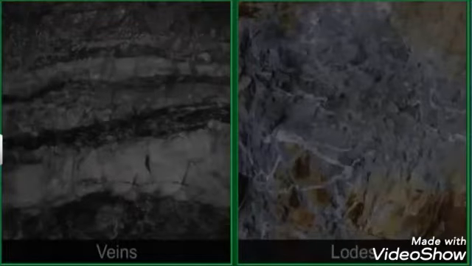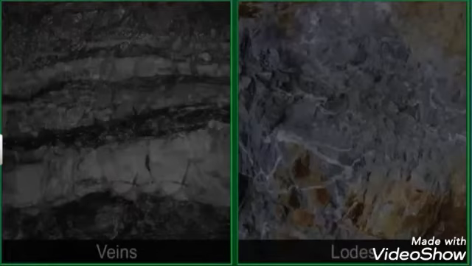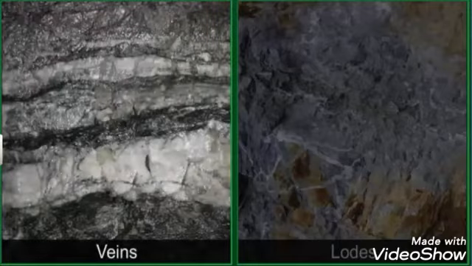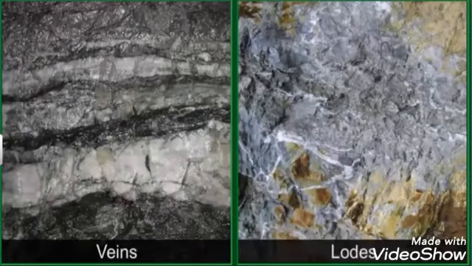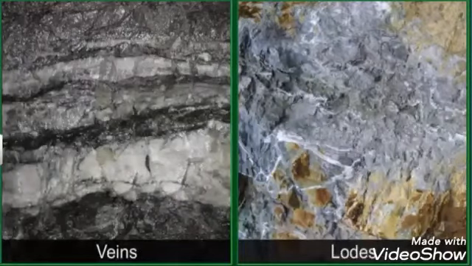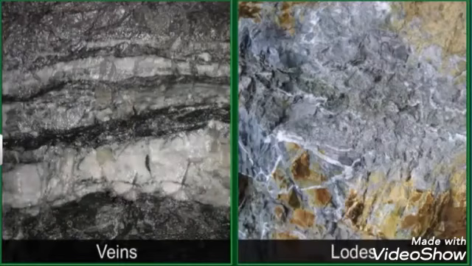If we go digging in igneous or metamorphic rocks, we will find minerals as minor deposits, called veins, or bulky thick deposits, called lodes. These veins and lodes form when molten minerals are pushed up into crevices between rocks.